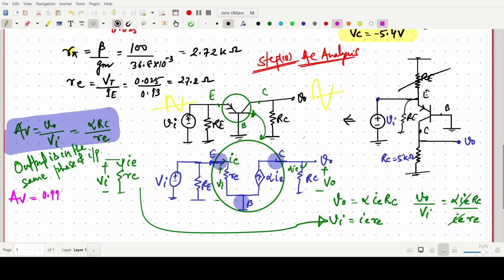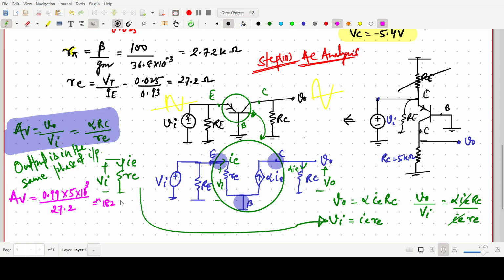Alpha is 0.99, RC is already given as 5 into 10 to the power 3, and RE we have calculated as 27.2. If we solve this, it comes to nearly 182, volt by volt.